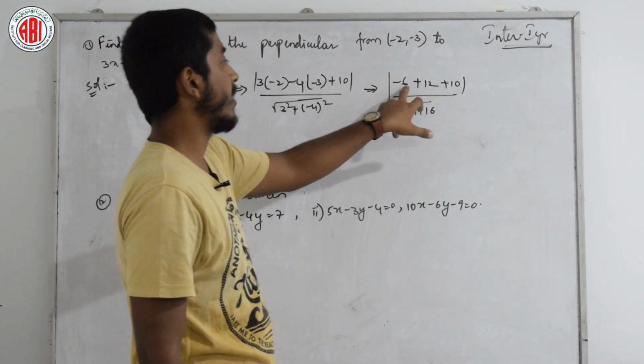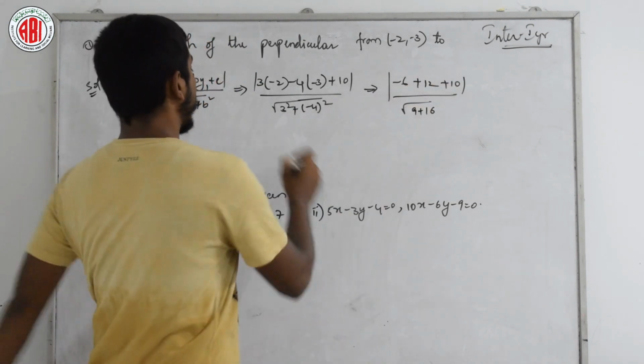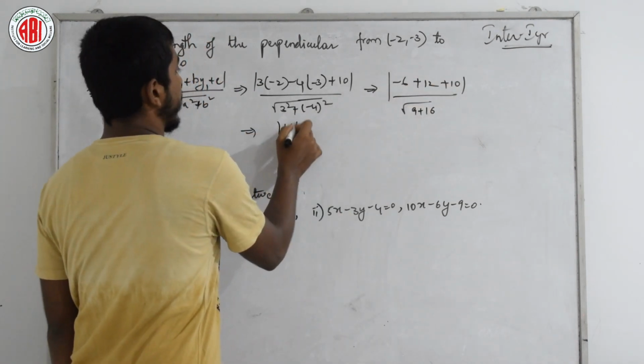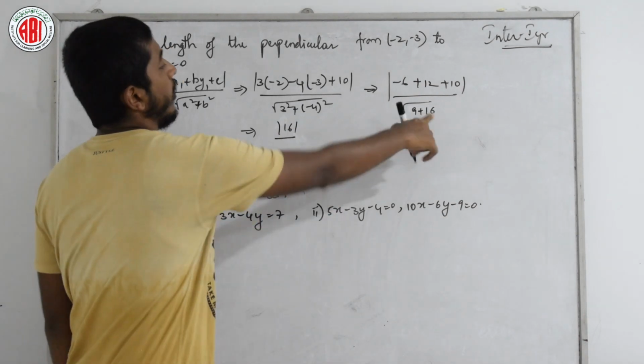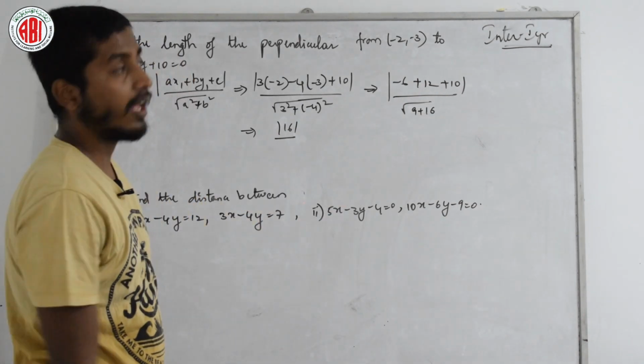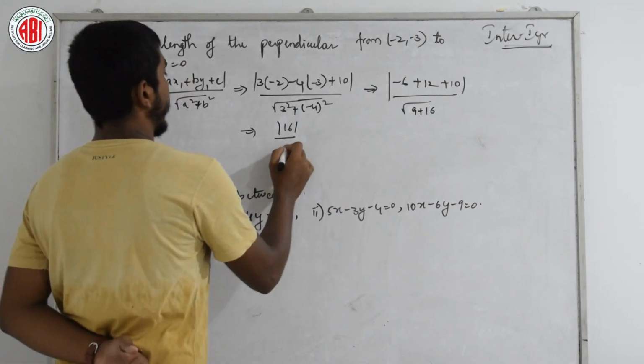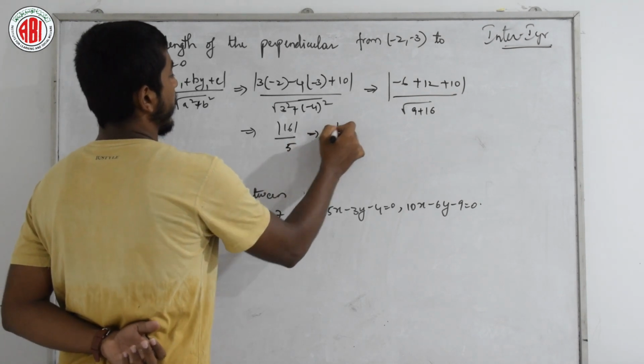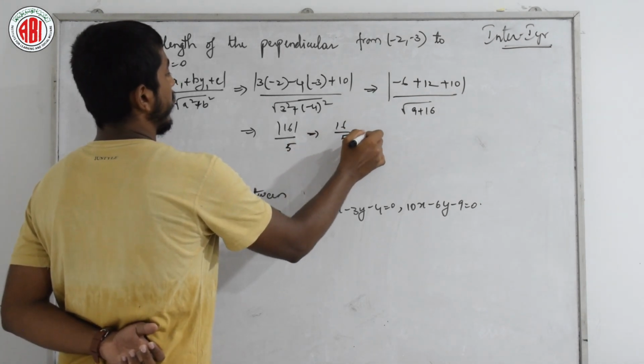Now see here, 12 minus 6 is 6, 6 plus 10 is 16, mod 16 by 9 plus 16 is 25, root 25 is 5, therefore the answer is 16 by 5 units.